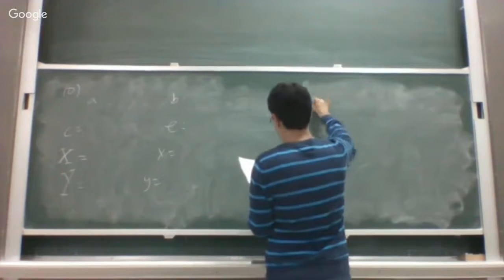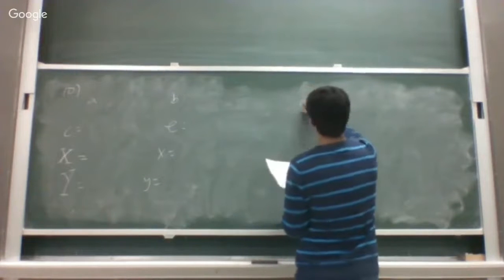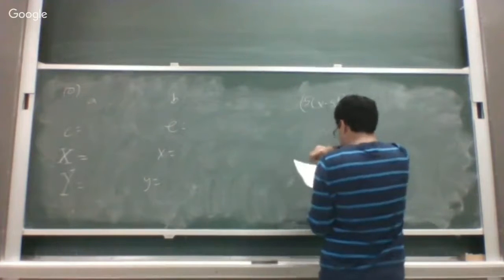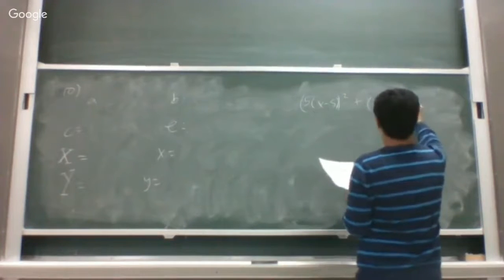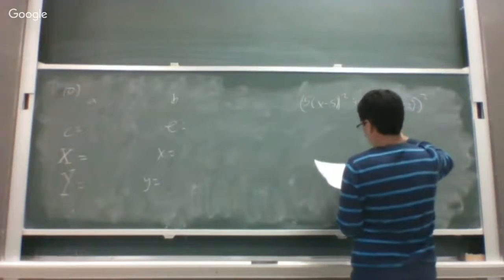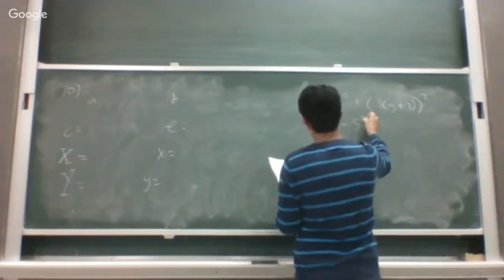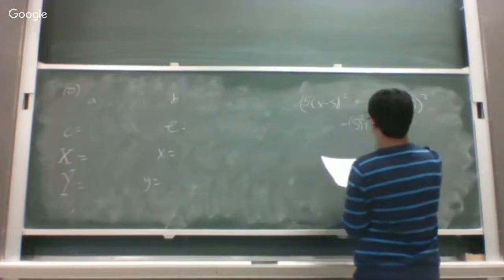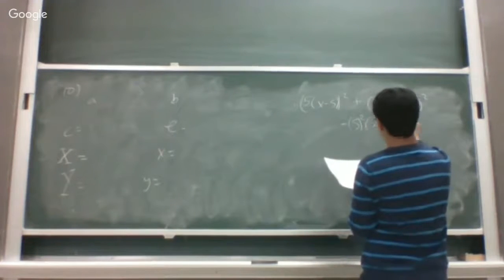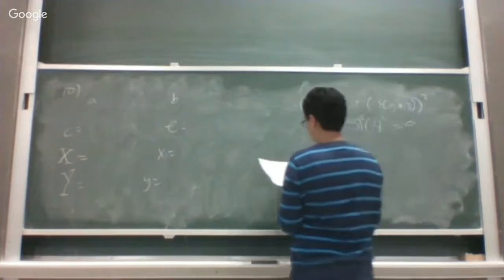So we have 5 times (x minus 5) squared plus 3 times (y plus 3) squared minus 5 squared times 3 squared equal to 0.